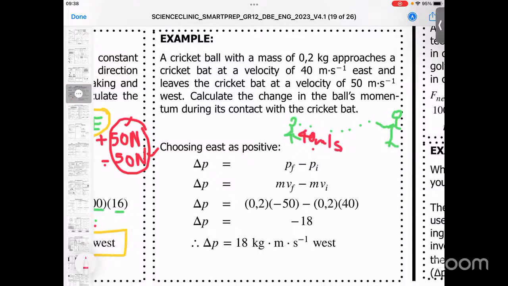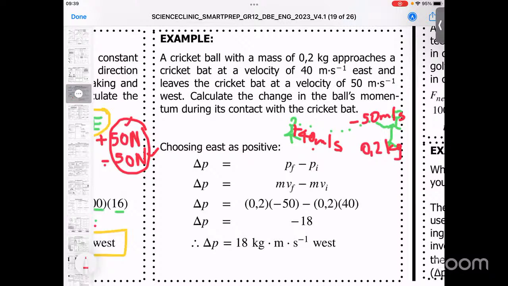It is the same object having the same mass, and then east positive, but now after it gets hit, it is now moving in the west direction where it was coming from. So that means it's going to be negative 50 meters per second. It is still that object of 0.2 kilograms. Very much important on that one, honorable member.